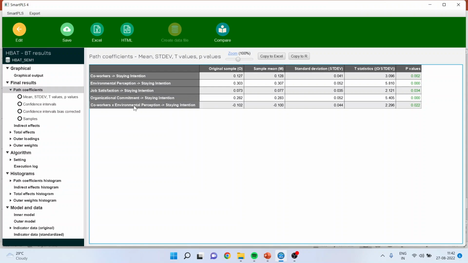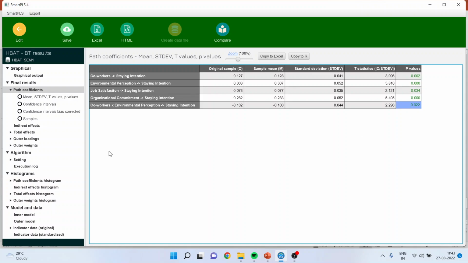Co-workers into environmental perception on staying intention, the moderating effect, also known as the interaction effect. It means that the behavior of co-workers with environmental perception is affecting the staying intention, and it is negative. And as the p-value is less than 0.05, this relationship is quite significant.